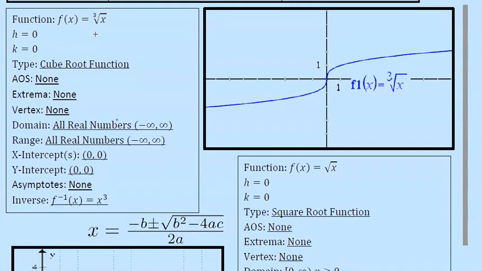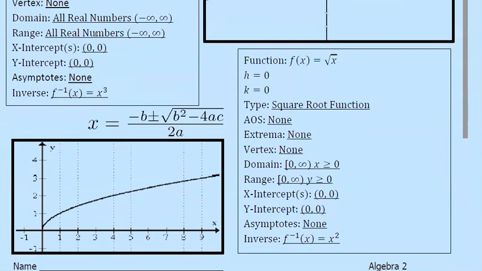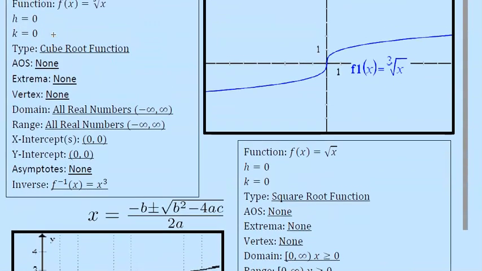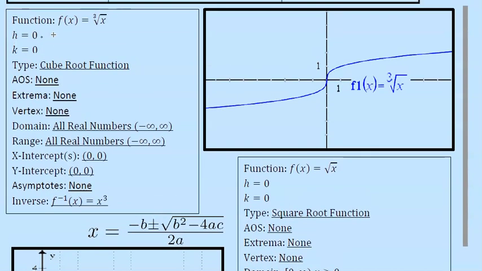So the two radical functions that we'll look at is the cube root function and the square root function. And here are their characteristics of the parent functions of each of these. So the function right here is f of x equals the cube root of x.